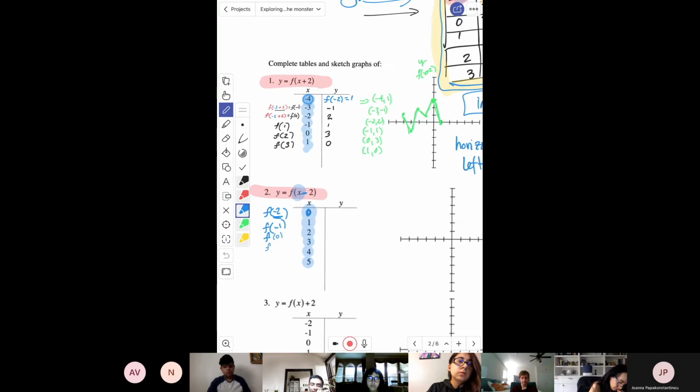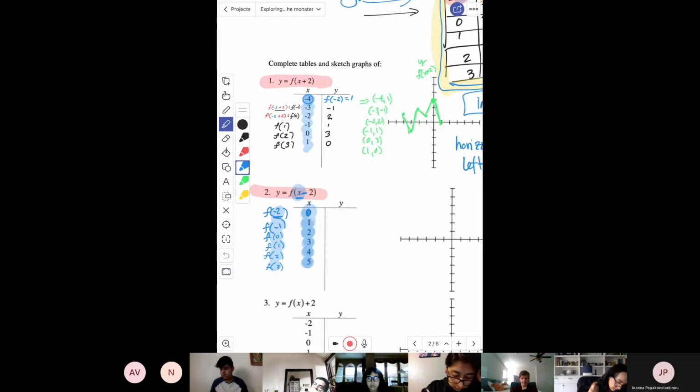And the next one? 1. Excellent. Keep going. 2. And last but not least? 3. So I took each of these x values, substituted in here, then subtracted 2 from each of them to figure out what value I am actually going to be looking at in our original. So these values are 2 less than these values.